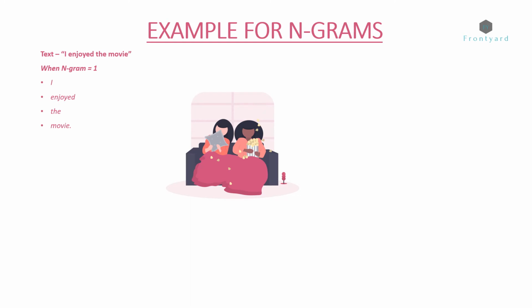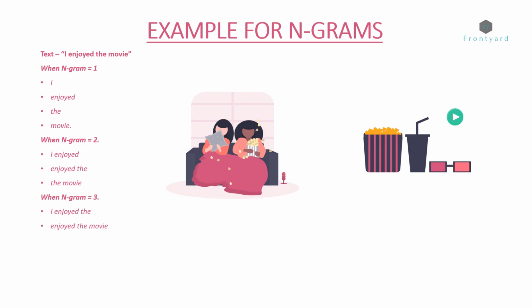When n-gram equals 1, the text will be considered as individual words. And when n-gram equals 2, the text will be considered in pairs of 2. Like I enjoyed is a separate term, enjoyed the and the movie are two different separate terms. When n-gram equals 3, the text will be considered in groups of 3 words.